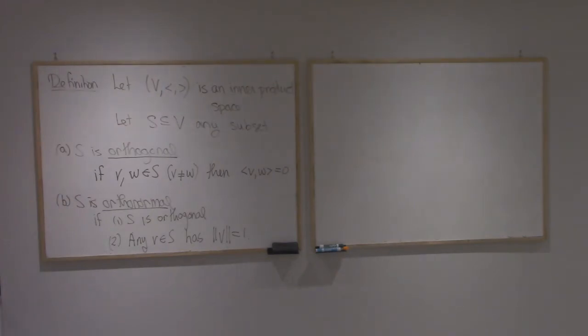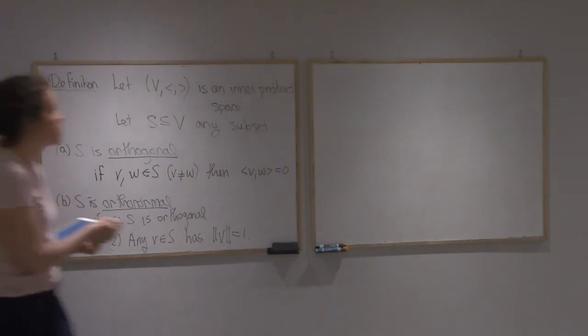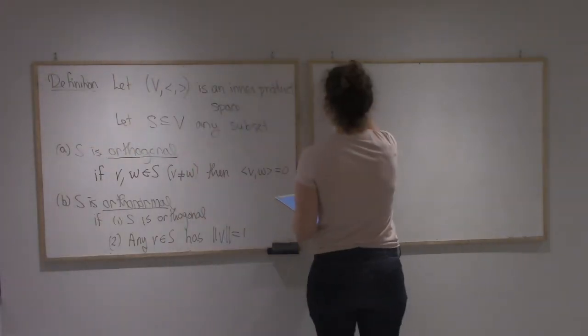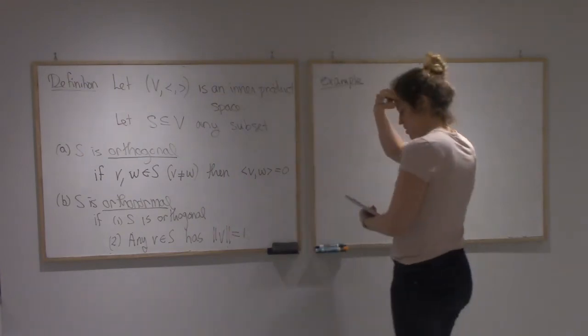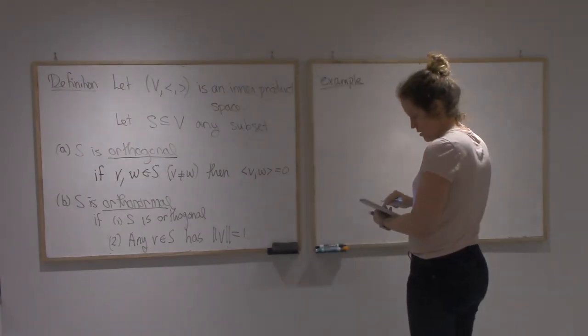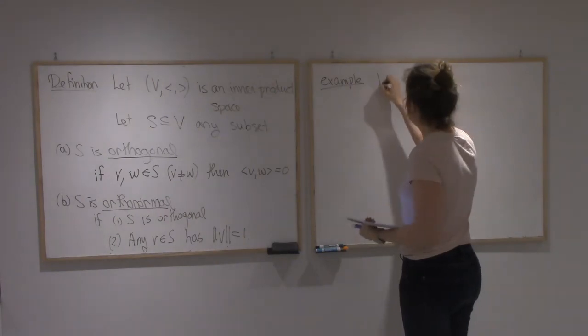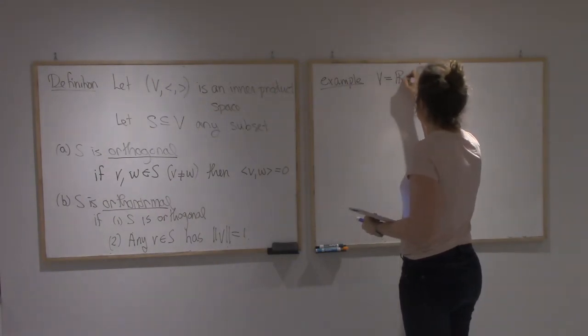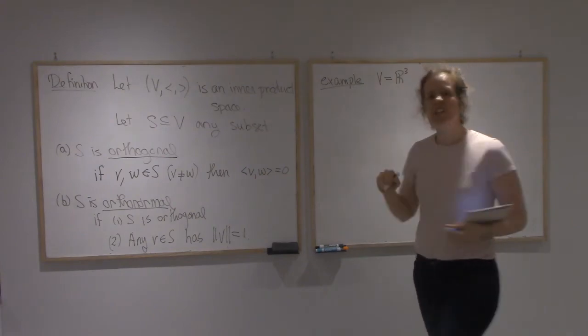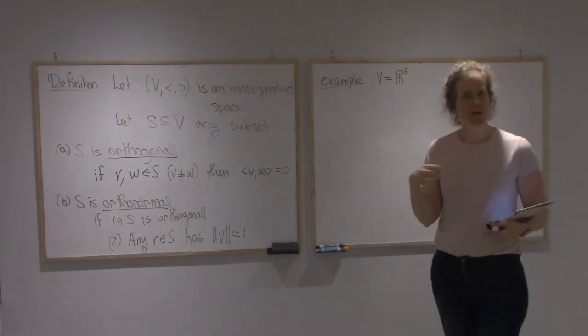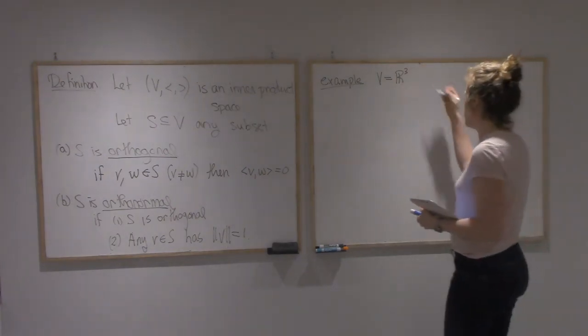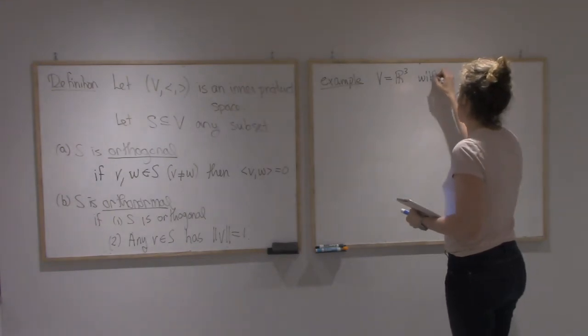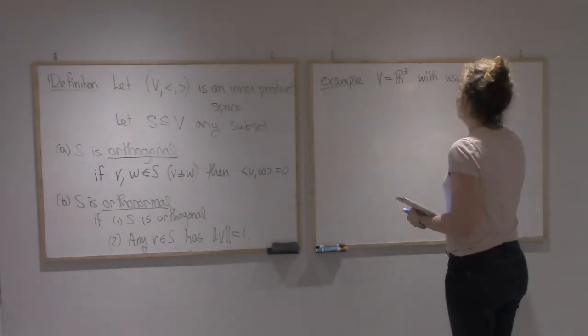Alright, let's try an example. So I'm going to look at V in R3, the Euclidean space, which means I'm taking the standard inner product, the usual dot product that we had before.